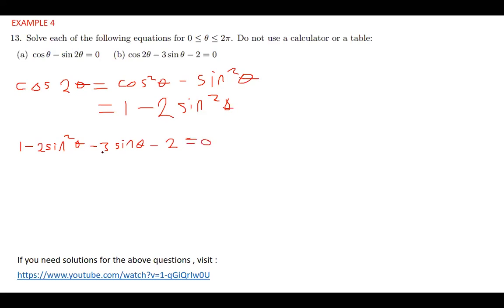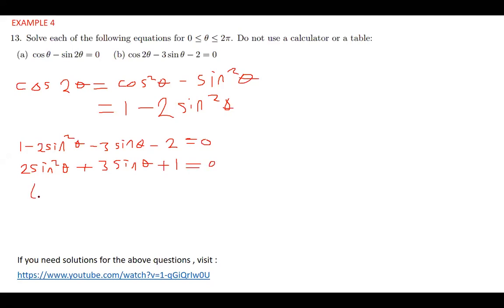Then from there you can say 1 minus 2, you get your answer to be negative 1. When you simplify and divide everything by negative 1, you are going to have 2 sine squared theta plus 3 sine theta, and then plus 1, which is equal to 0.